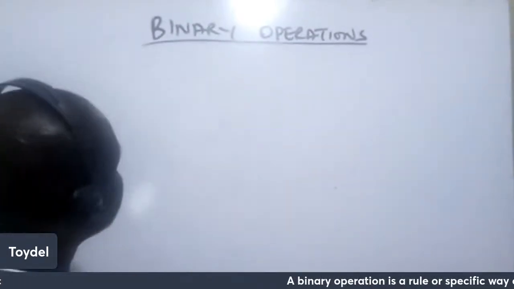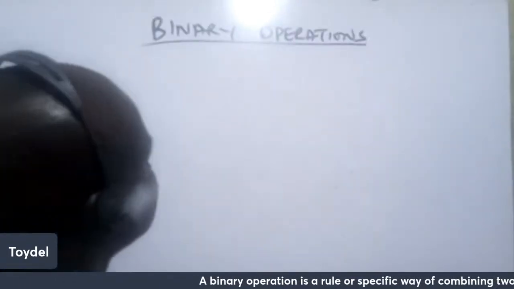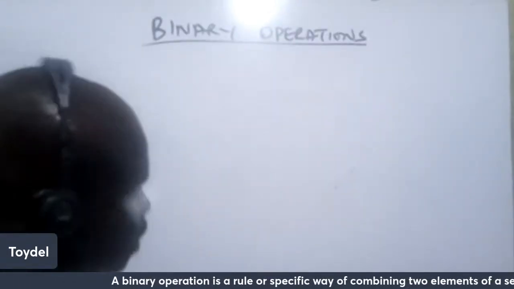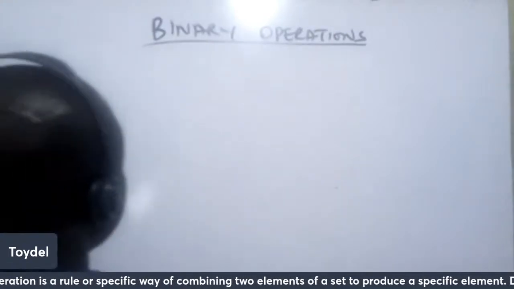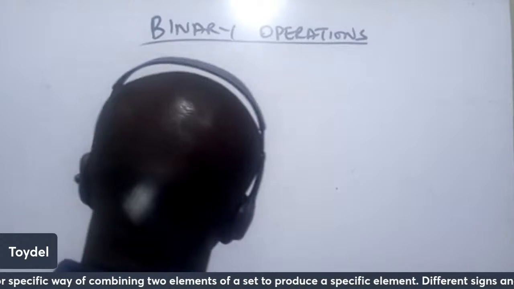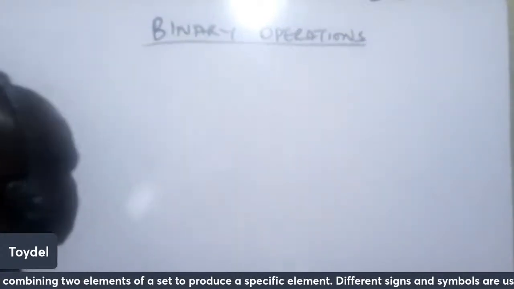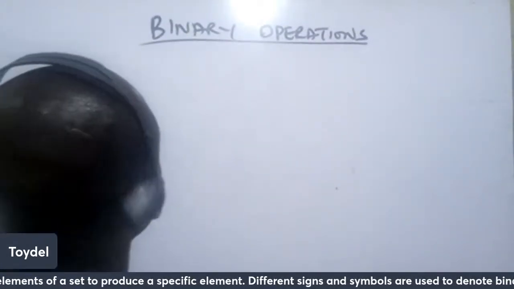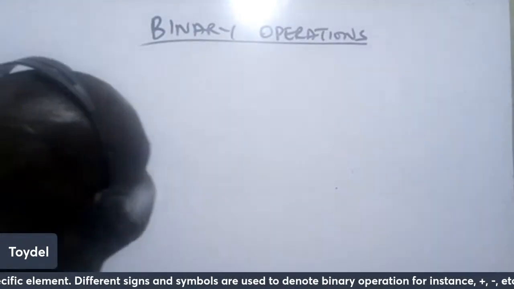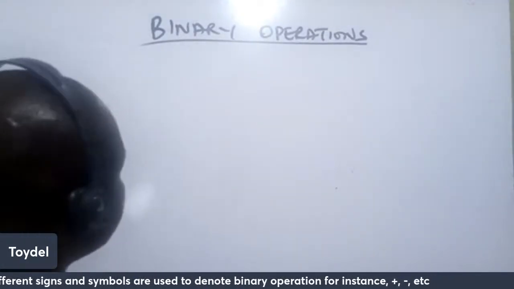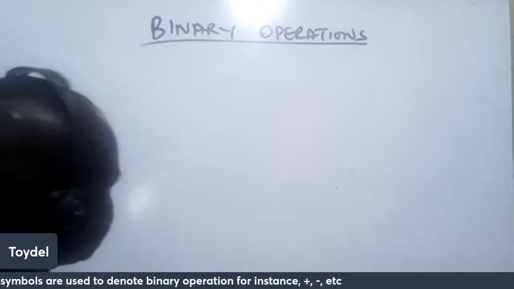So today we are going to continue with the properties of binary operations. So this is binary operation 2. Under binary operation 1, I introduced the concept of binary operations, and under that we treated the first three properties of binary operation.